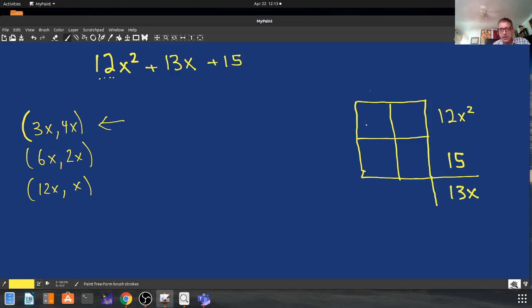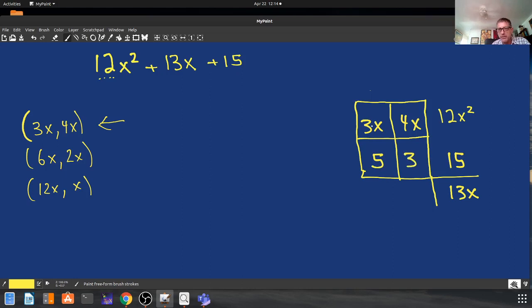I'm going to try 3x and 4x, and again these are never negatives. Just choose an order, because any order changes can happen in the second row. And for 15, I'm going to do 5 times 3.